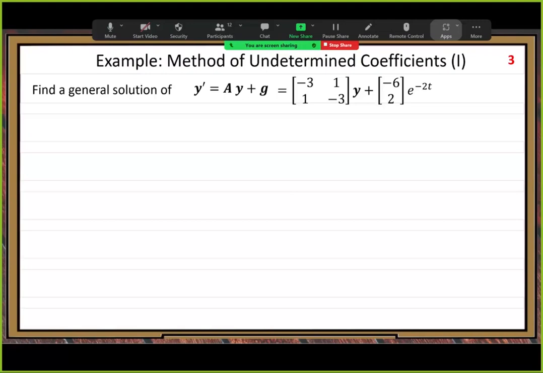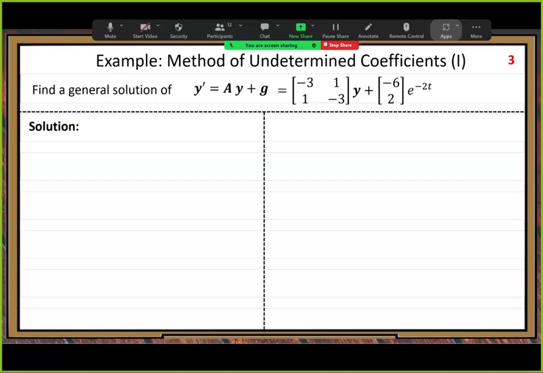Based on our knowledge from the order 2 equation, for this non-homogeneous equation we split into two parts. First, we find the general solution for the homogeneous part. Second, in order to factor in the G part, the non-homogeneous part, we only need to find a particular solution.